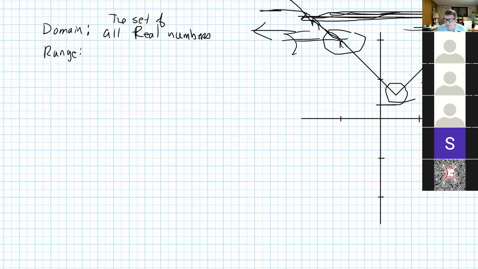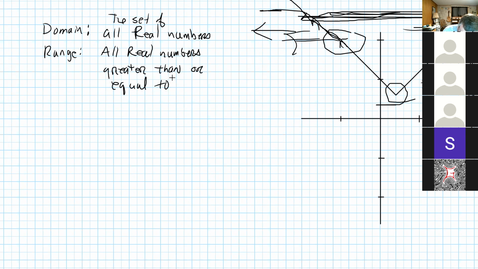What's that y value that I've got circled there, that lowest y value? 3. So it's going to be all real numbers greater than or equal to 3.